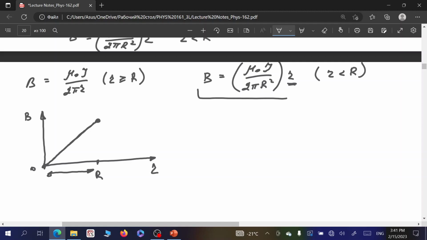And then we look at the equation on the left when we go further in distance. So we go outside the conductor, and we see that in this case magnetic field is proportional to 1 over r. So it will just decay as we go further from the surface of the conductor.